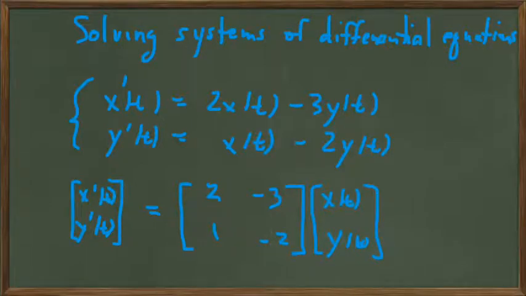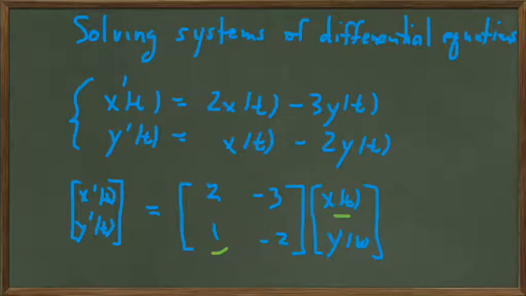By the rules of matrix multiplication, it's 2 times x of t plus minus 3 times y of t, which gives this here. And then for the second row, we go 1 times x of t minus 2 times y of t, which gives this row here.